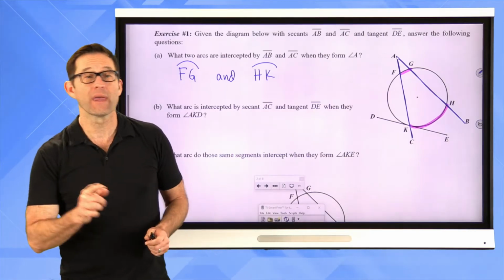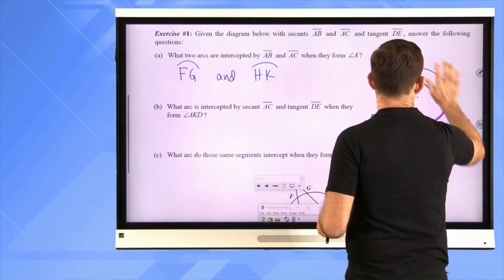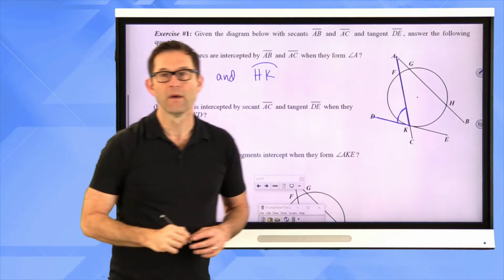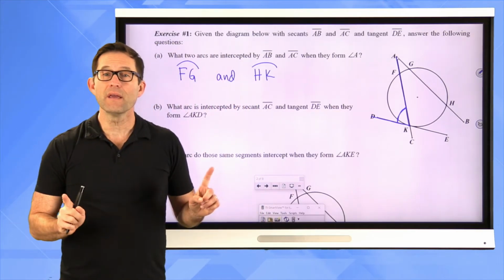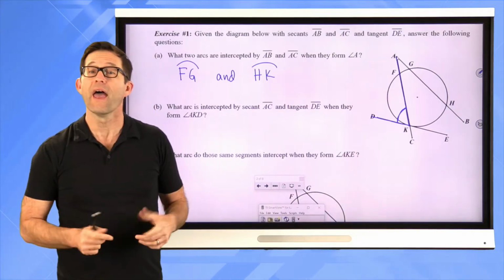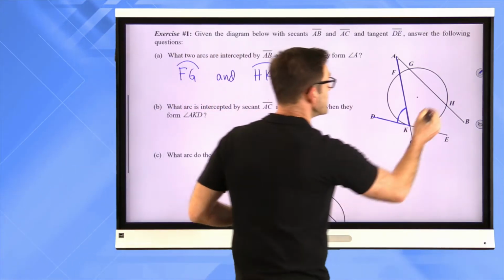All right, so again, what I'm going to do is erase all of this, and let's take a look first at angle AKD, this angle specifically. Now, notice here, it's just what arc, not what arcs. And this one's actually pretty easy to see.